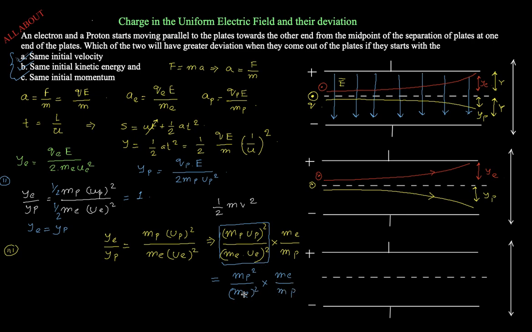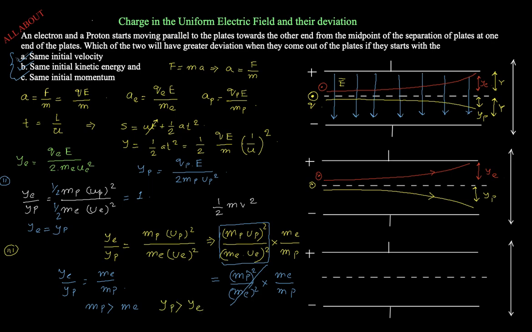Both have the same momentum, so we can cancel out. So YE by YP is equal to ME by MP. Now one thing, the mass of proton MP is greater than the mass of electron. It implies that Y of proton is greater than Y of electron.